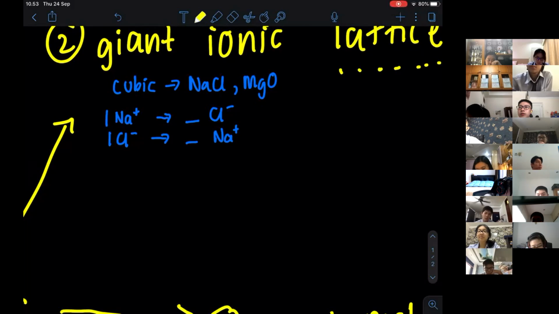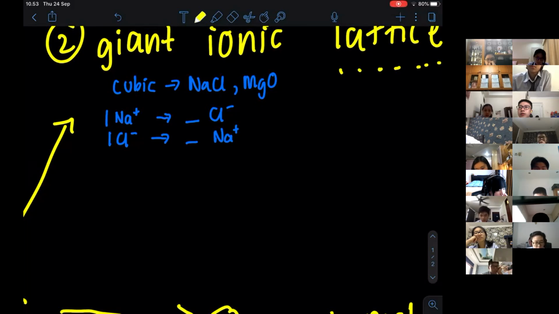Each sodium ion is bonded to 6 chloride ions, and each chloride ion is bonded to 6 sodium ions. It is not actually reflected on the screen, maybe it is laggy or something like that. But anyway, that is going to be giant ionic lattice, you are going to have that situation.